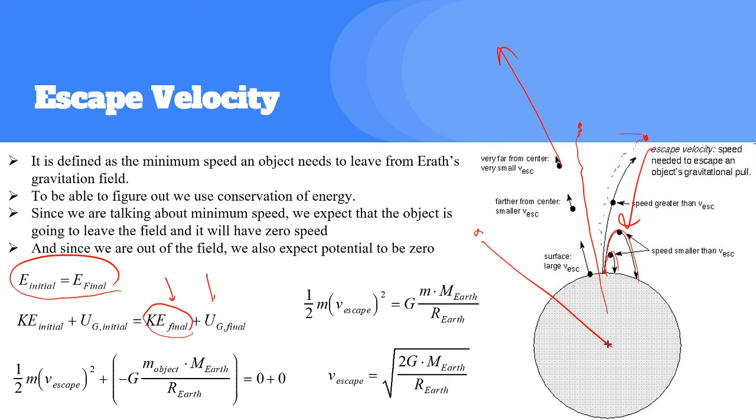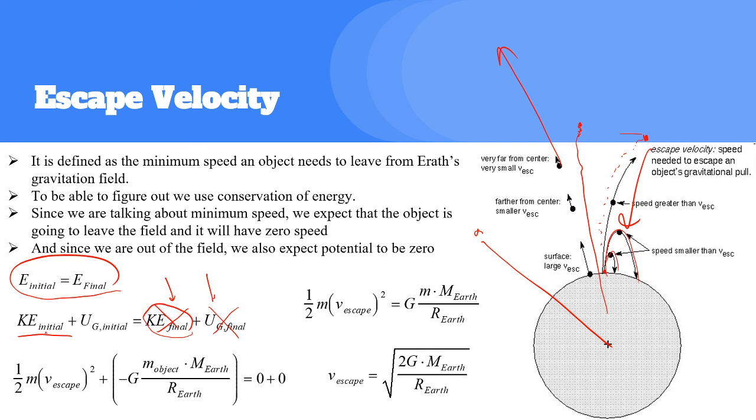You're going to reach that critical point where you're off the gravitational field and you are done. You don't have any more speed. So you expect your final kinetic energy to be 0, and you expect it to leave the gravitational field, so you don't have any potential energy at that location.